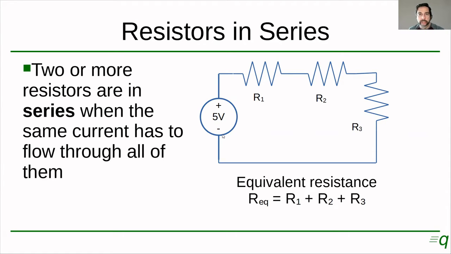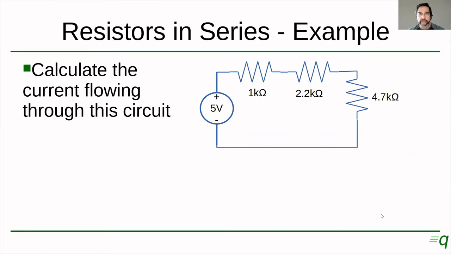In this case, the total resistance of the path is simply R1 plus R2 plus R3. So you simply add up all the values of the resistors, and that's your equivalent resistance. That's very simple.